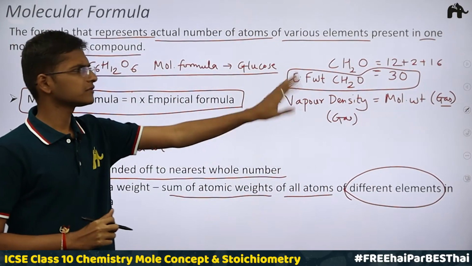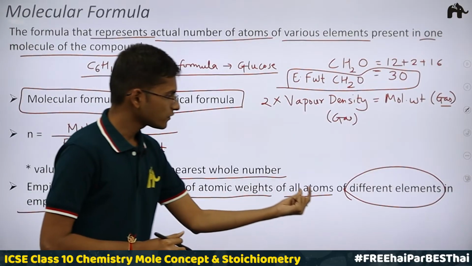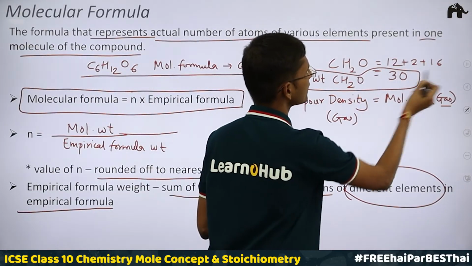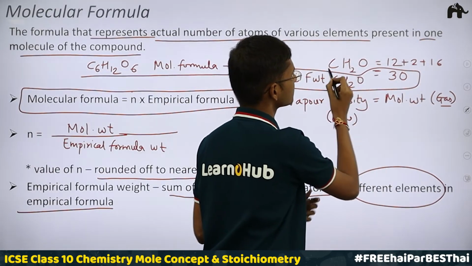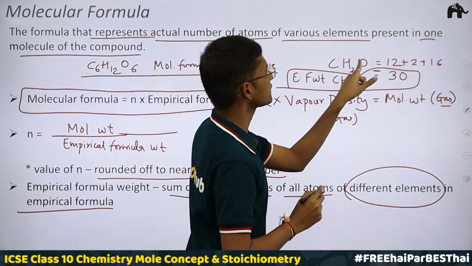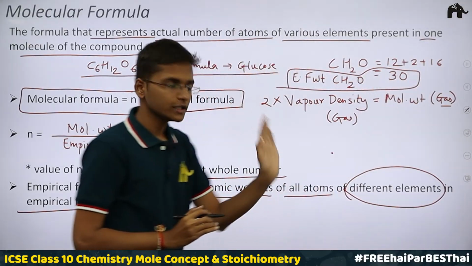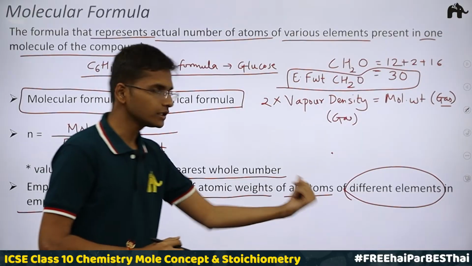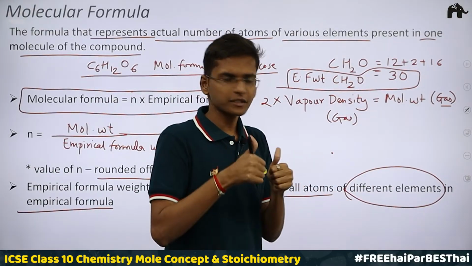Now you can correlate this with the definition itself. See, the sum of atomic weights of all atoms. What we have done here is we have added the atomic weights of all the atoms: 1 carbon atom, 2 hydrogen atoms, 1 oxygen atom, right? So the sum of atomic weights of all the atoms of different elements. See, these are of different elements, correct?